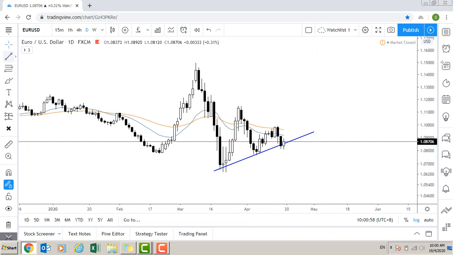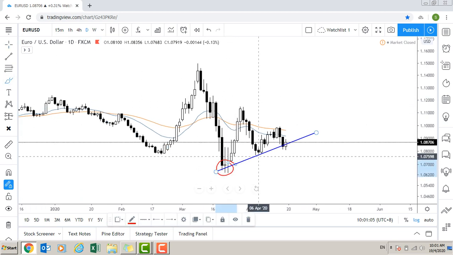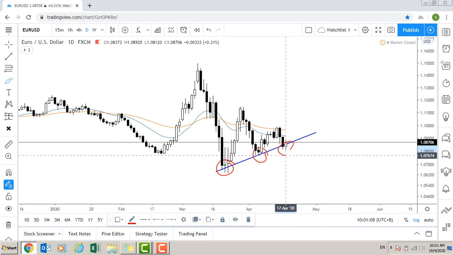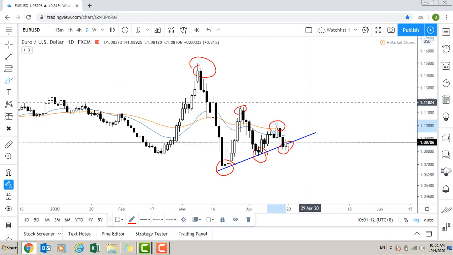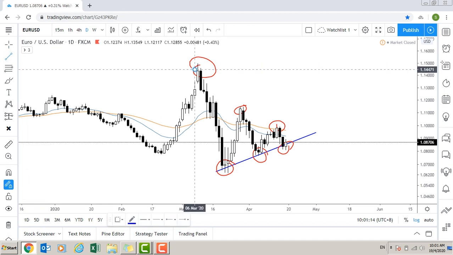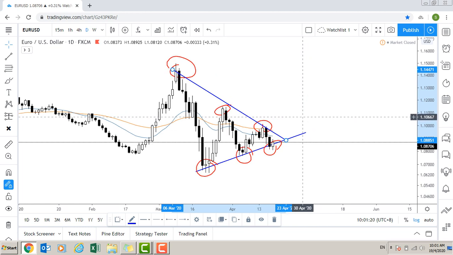So if we connect all these points, we can see, this is the point that we should connect. But if we connect the down and the up, then what can we find out?